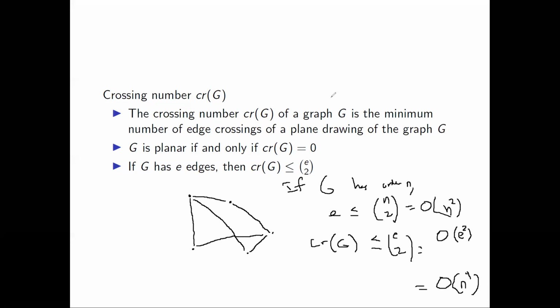And we will see that this bound, big O of n to the 4th, is actually sharp up to a constant factor. So we'll see multiple graphs for which this is sharp up to a constant factor, and we'll actually prove that it's sharp up to a constant factor for multiple graphs later in this video.